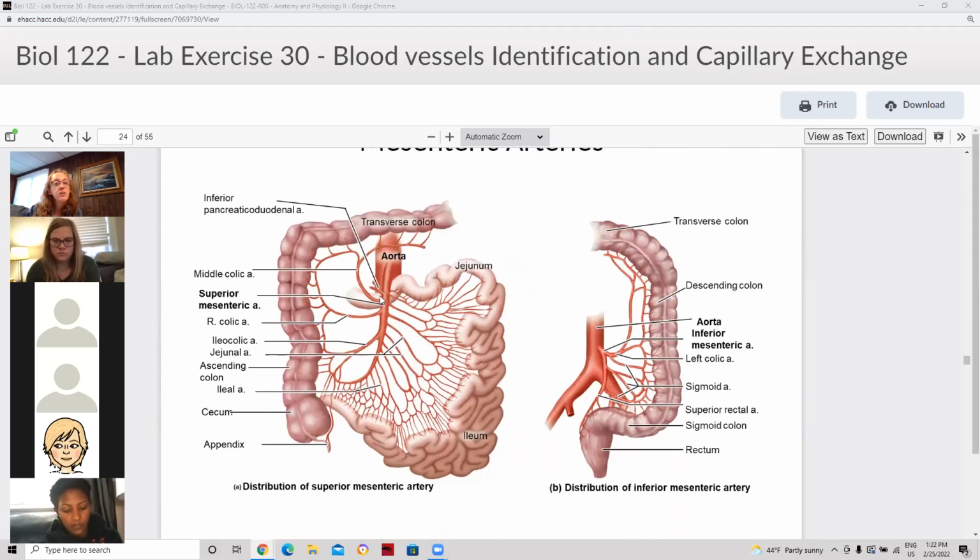So remember the three main branches, unpaired arteries coming off the abdominal aorta: the superior mesenteric, the celiac trunk, and the inferior mesenteric.